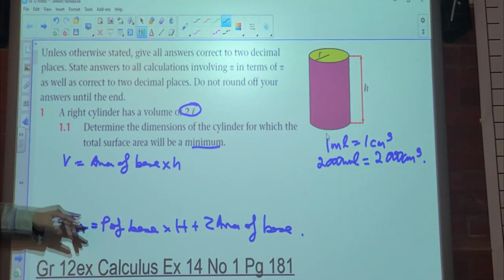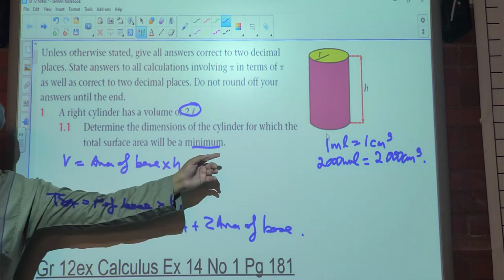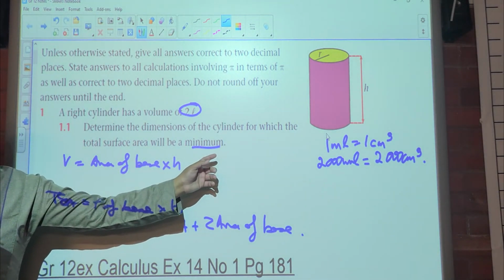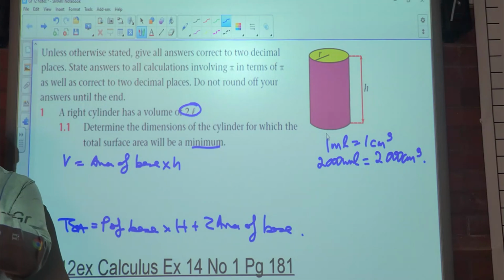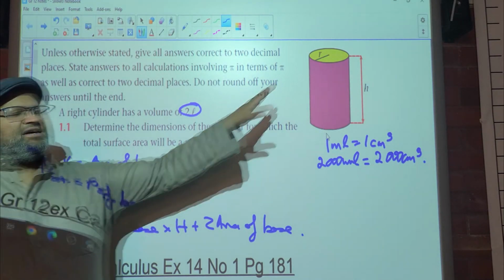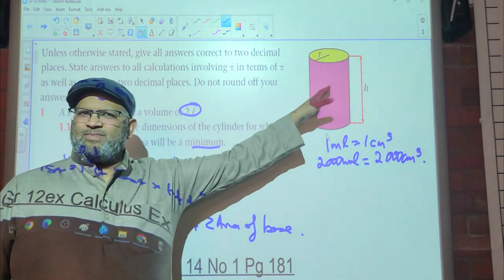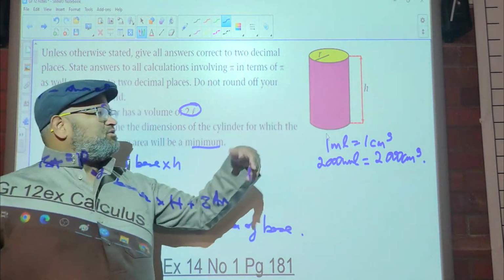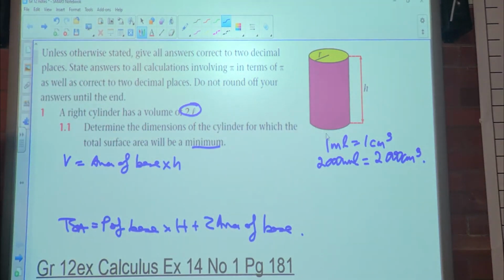Remember, when we apply the derivative, how do I know I'm going to apply the derivative? They're talking about the minimum. When you're applying the derivative, you want one unknown. And the unknown in this case, you're going to make the radius. You can make the height as well, but the radius is going to be the bigger of the two.